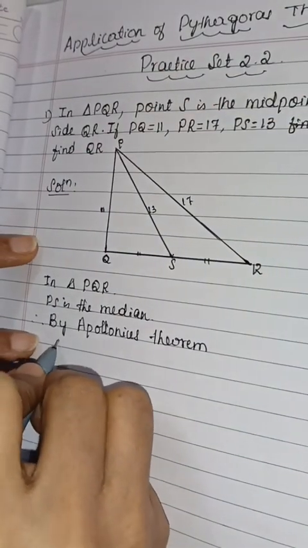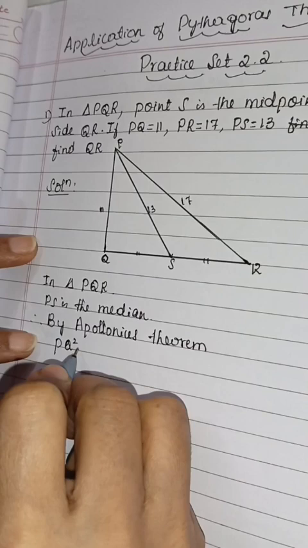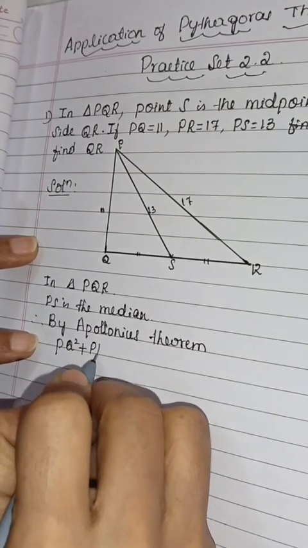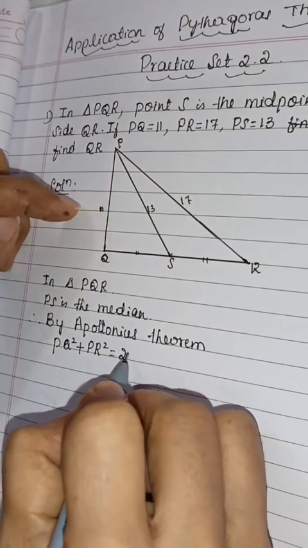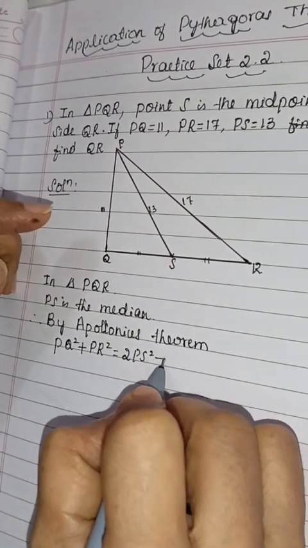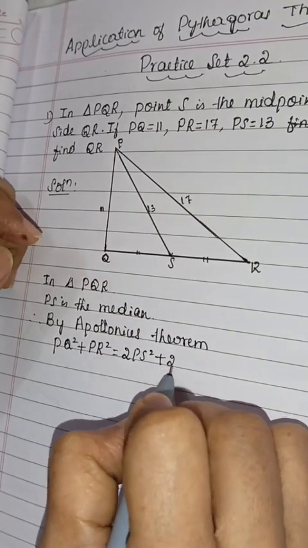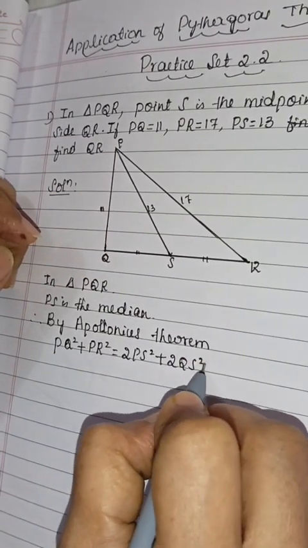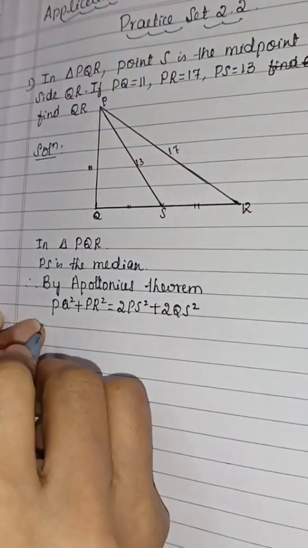PQ square plus PR square equal to 2PS square, this median PS square, plus 2QS square.